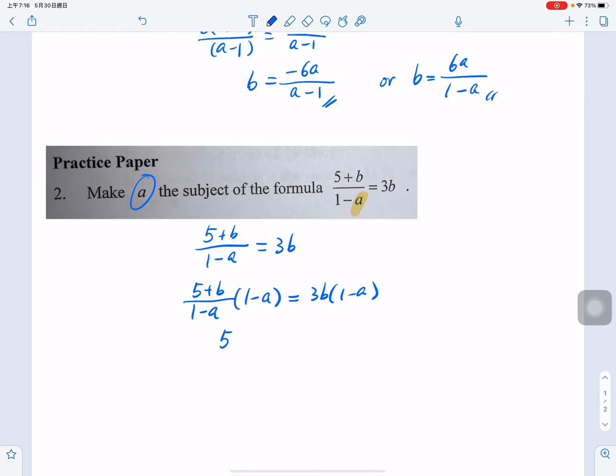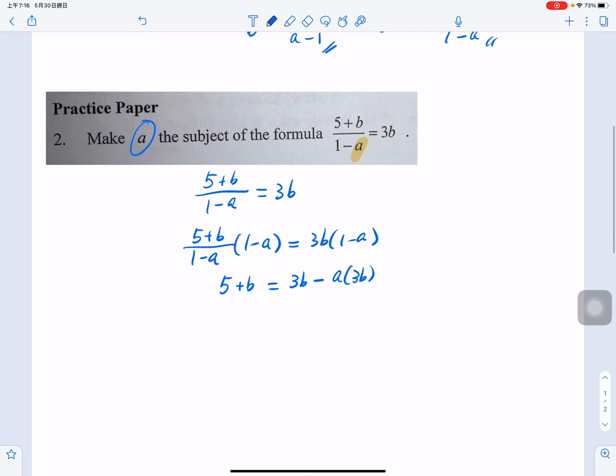Now here, 5 plus b equals 3b times (1 minus a). Now here we can expand it. So 3b minus a times 3b, right? So that means 3ab. And you need to make a the subject.